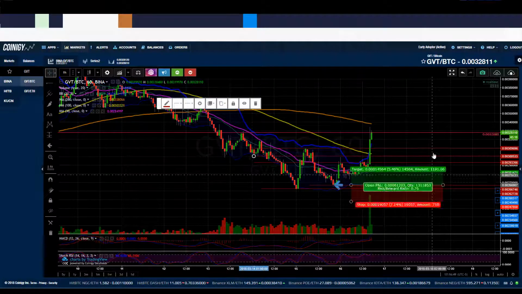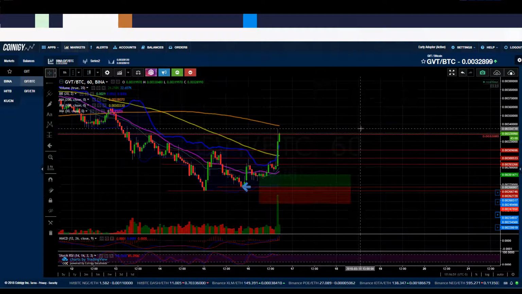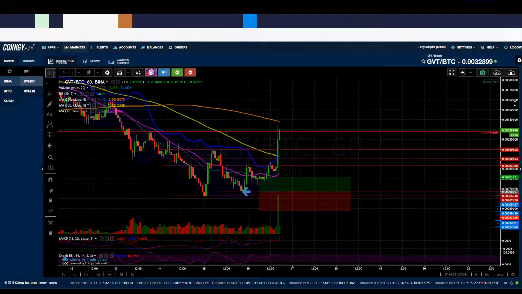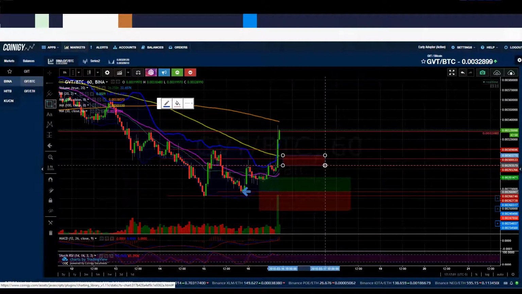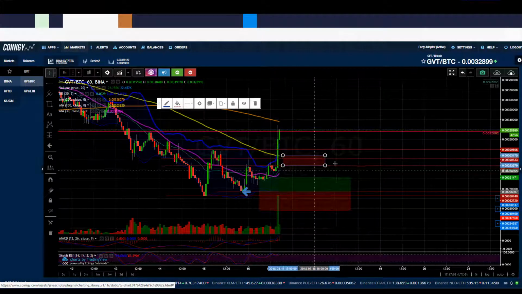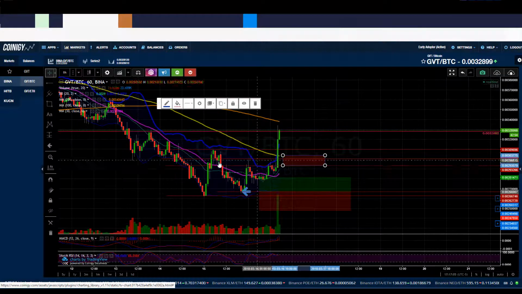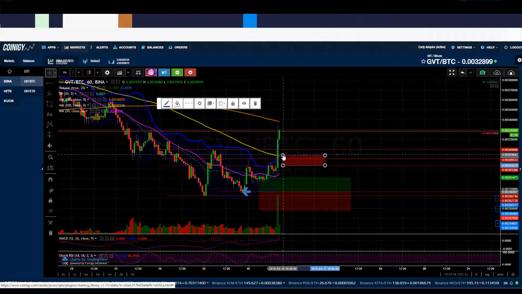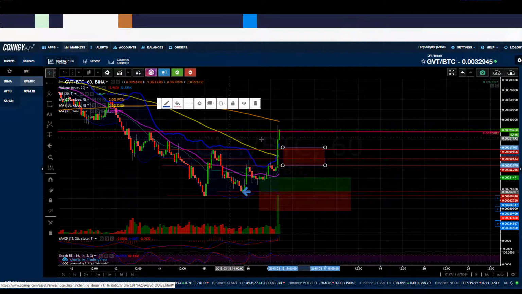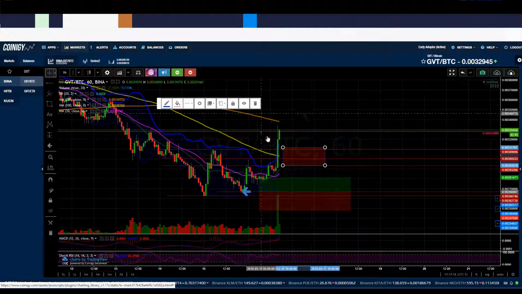So if you wanted to actually do this trade and continue to trade GVT, this would probably be your buy range. It depends on how far this goes up. If it goes up more, then you might expand it up to make this your buy range. We're in the middle of the price action, in the middle of what's happening right here.